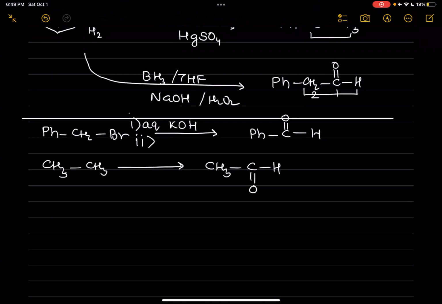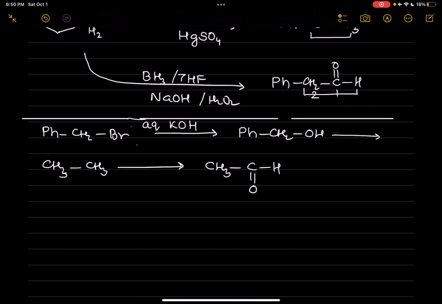Okay, double bond. First step, I can write them separately. PhCH2Br, the Br will convert to OH by substitution, PhCH2OH. And then you have to remove both the hydrogens, and that is oxidation.